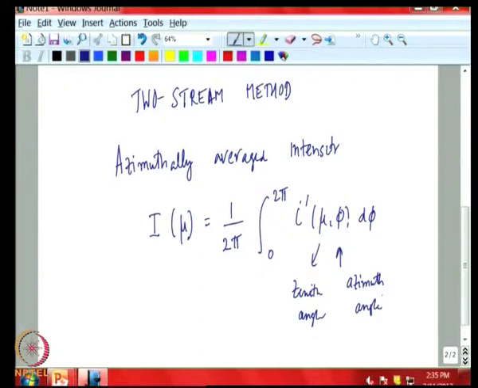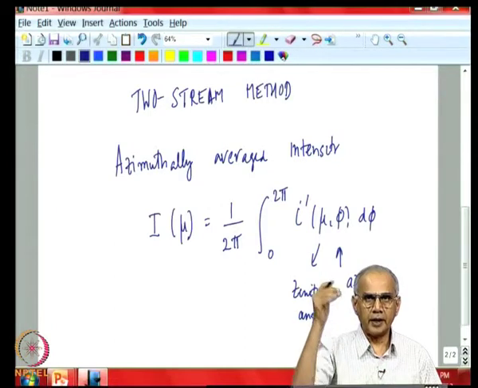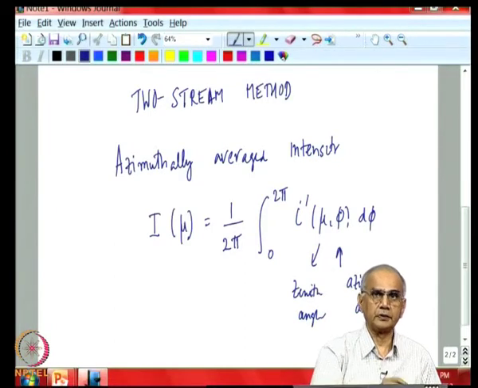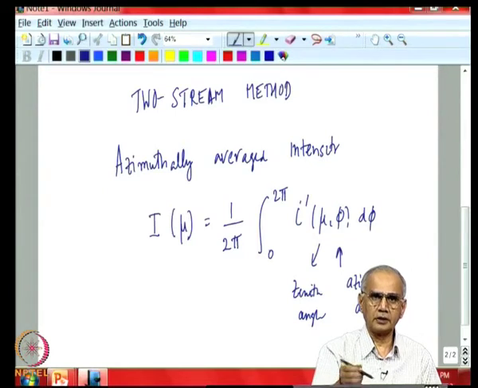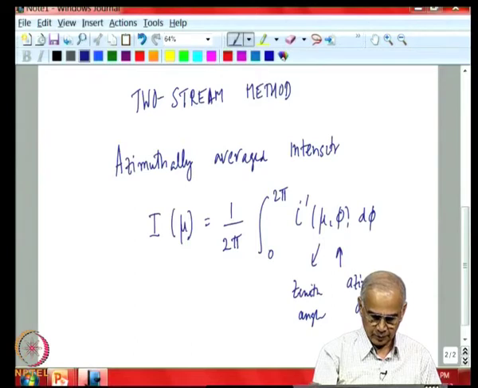So, we average over azimuth angle, because in most cases the azimuthal variation is not as important as variation with zenith. For example, take the example of direct solar radiation impinging on a surface. So, the variation with azimuth angle is not as critical as the variation with zenith angle. So, that is the purpose.